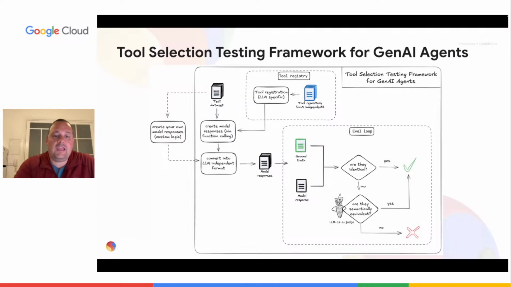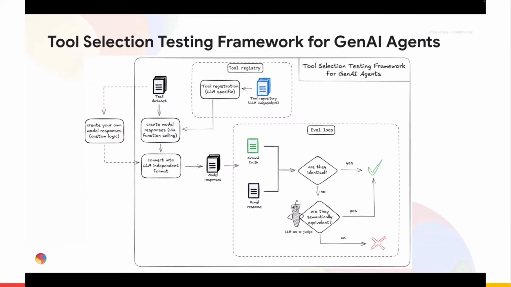So let's have a look at one of these unit test frameworks. As I already mentioned, the unit test we're going to look at in particular is the tool selection of an agent. We want to make sure that given a request and given several functions and tools that an agent has at its disposal, it always selects the correct tool.